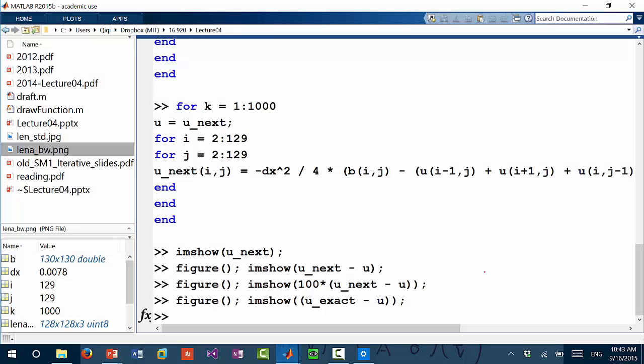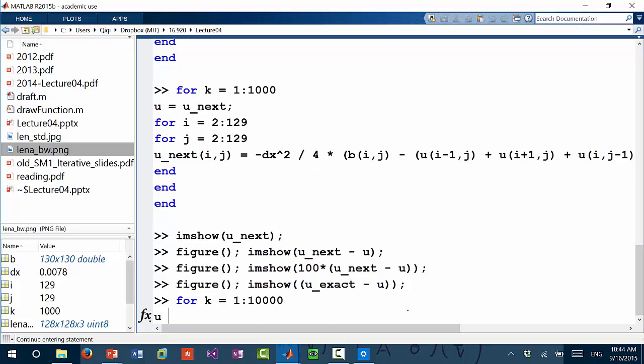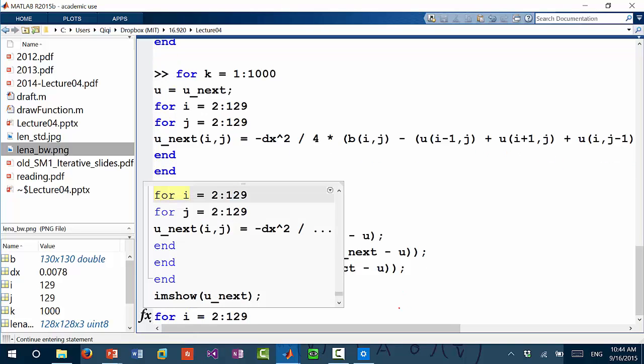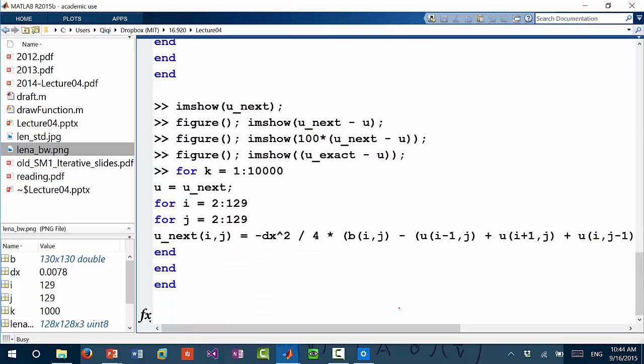All right. And so first of all, I want to convince you that this is because we have not iterated for long enough. So let's make the iteration a little bit further. So let's do this again.